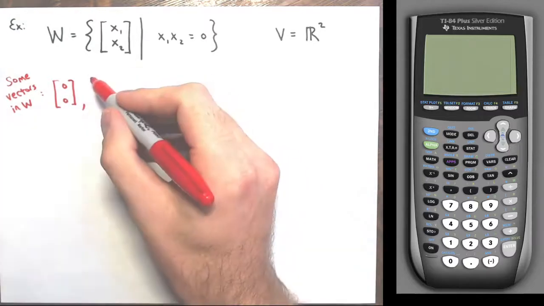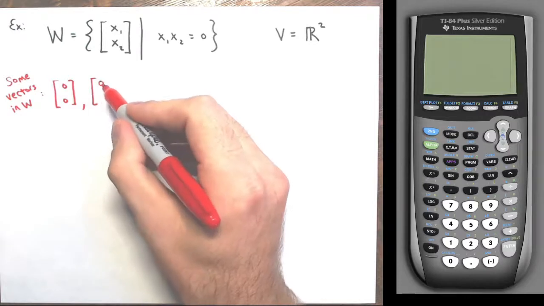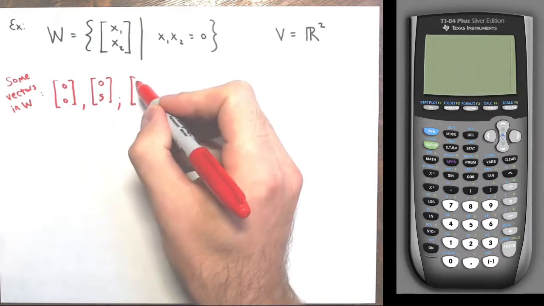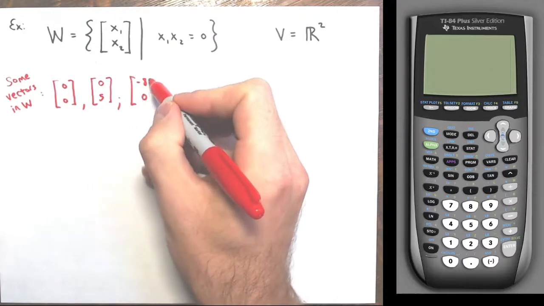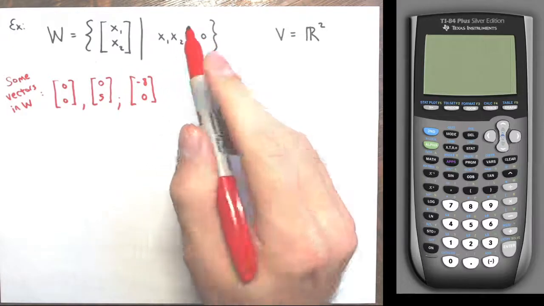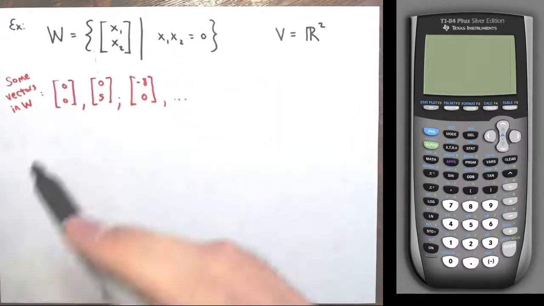But plenty of other ones too, right? Anything where the product of the components is 0. So 0 for the first component, 5 for the second component. -8 for the first component, 0. As long as one of the components is 0, there are plenty of other ones, so it's definitely non-empty.